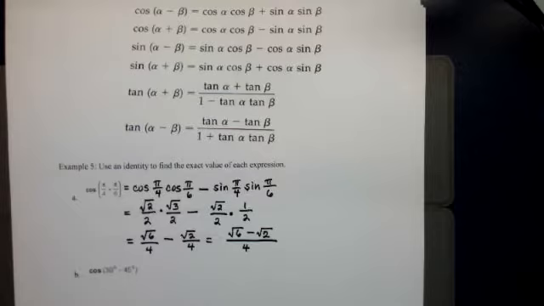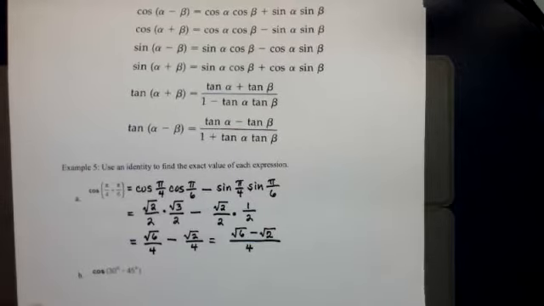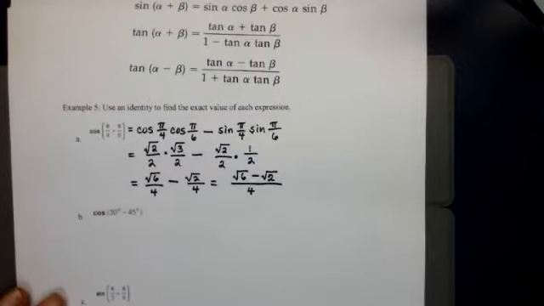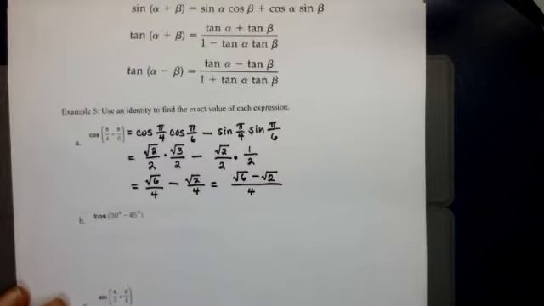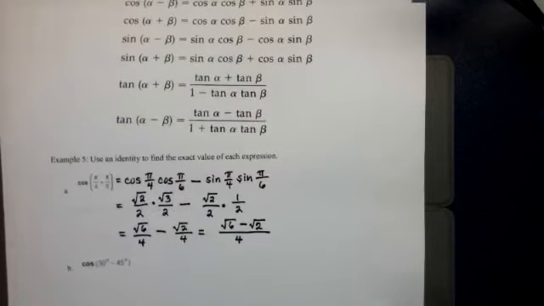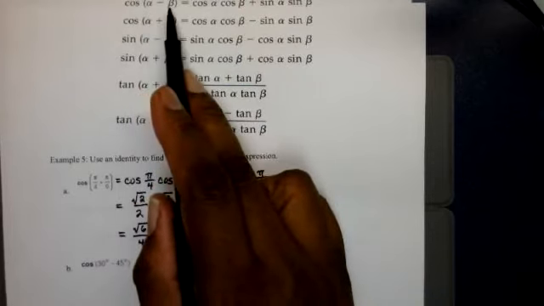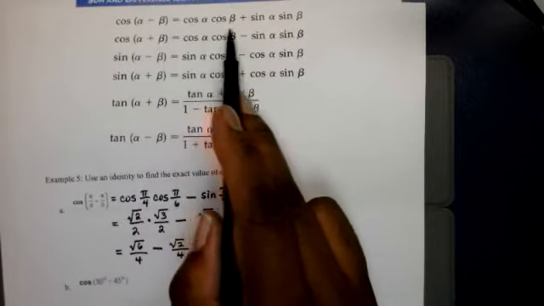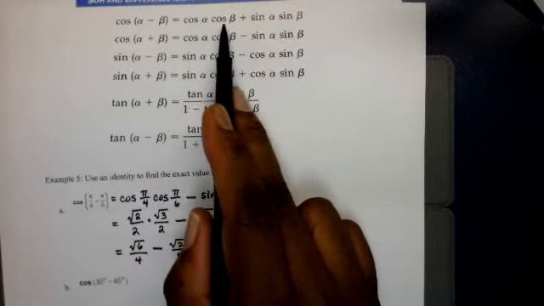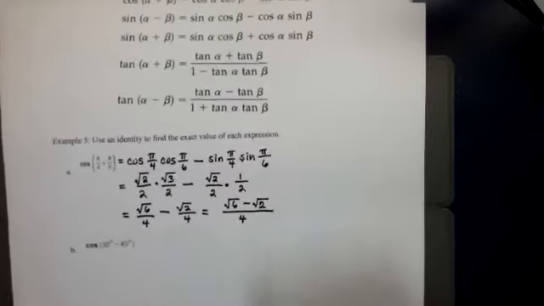Okay, part B. Cosine of 30 degrees minus 45 degrees. And here they're giving this to us in degree measure, but still we can use the identities here. Cosine of the first minus the second would be this format. Cosine alpha, cosine beta, plus sine alpha, sine beta.